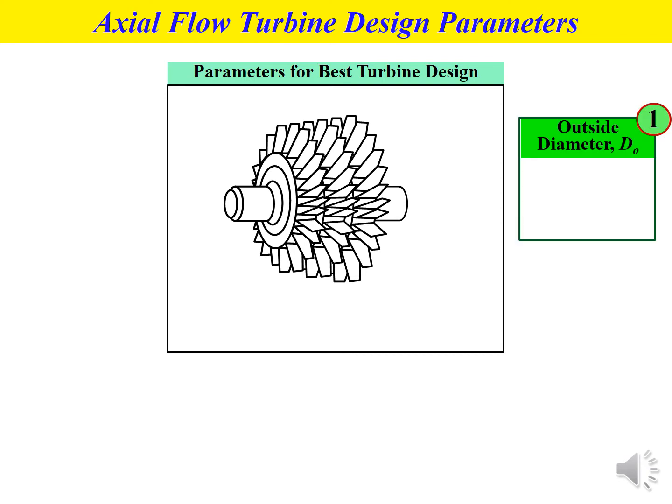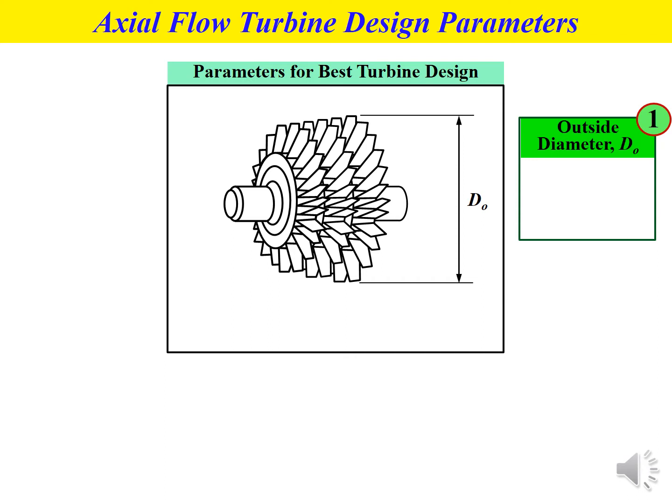So the first parameter that we need to consider is the outside diameter, represented by DO. As shown in the figures, it is the outer diameter of the rotor of the turbine, DO.